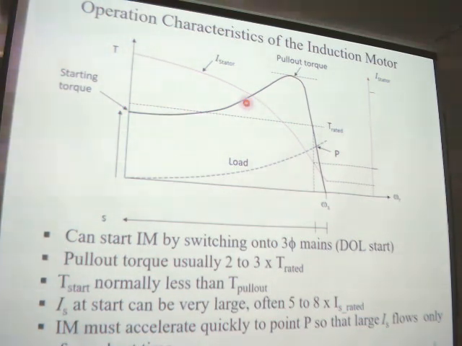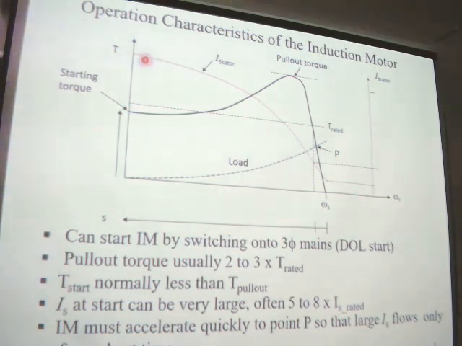But if we use some speed control method, using resistance to adjust the speed, the curve will change. So the pull out torque and the starting torque, the relationship between them will change too.